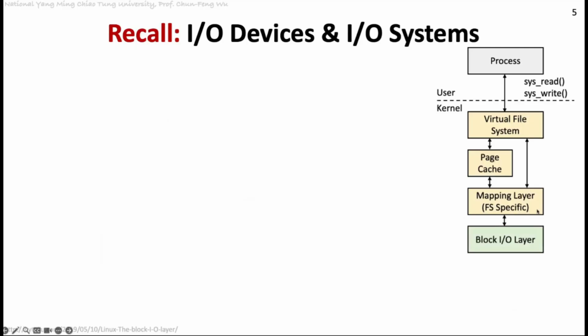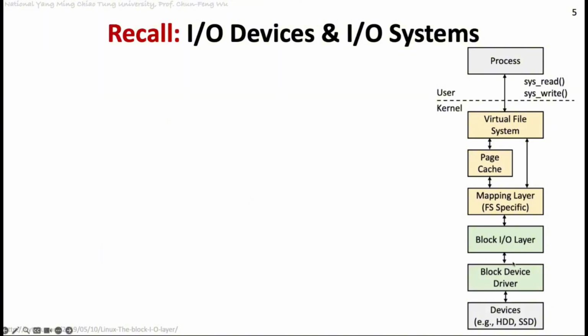After accessing the file system, it will work with the block IO layer to prepare the request before sending it to the storage device. The last one is the device driver. Using the device driver, the operating system can send the request to the device. The gray one is the device.